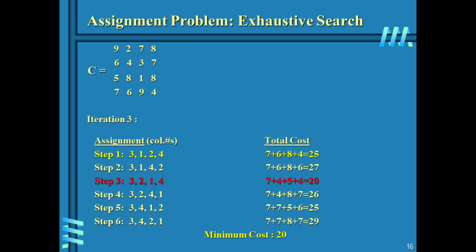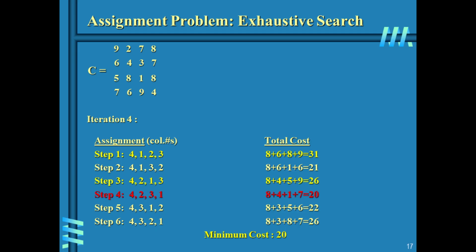Coming to iteration number 4, in iteration number 4, I am fixing job 4 to person 1 and trying with other combinations of the job for the remaining persons. That is, in step 1 of iteration 4, I am fixing job 4 to person 1, job 1 to person 2, job 2 to person 3 and job 3 to person 4 whose total cost is 31.